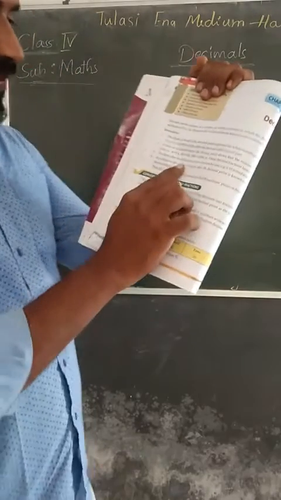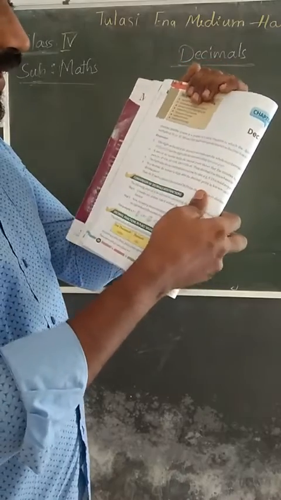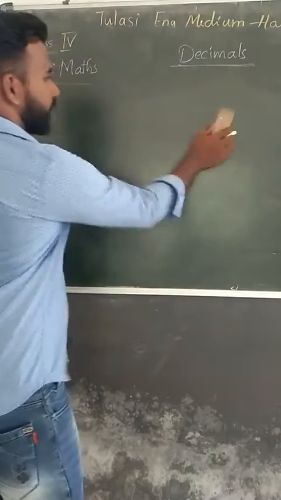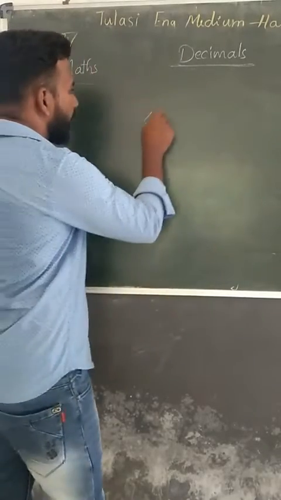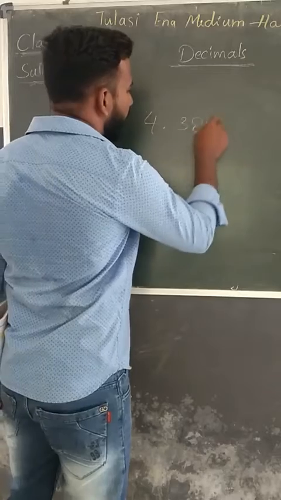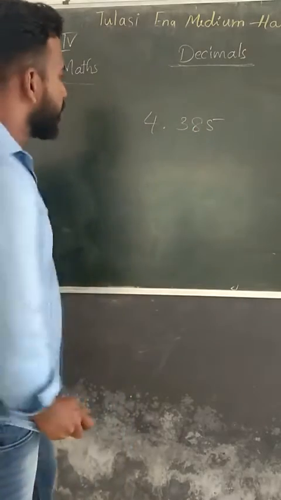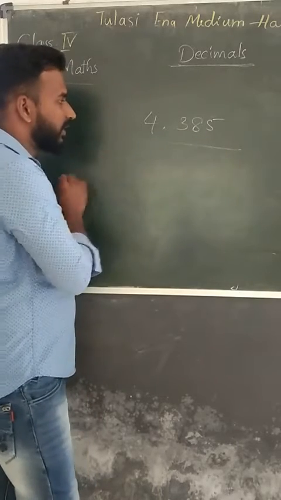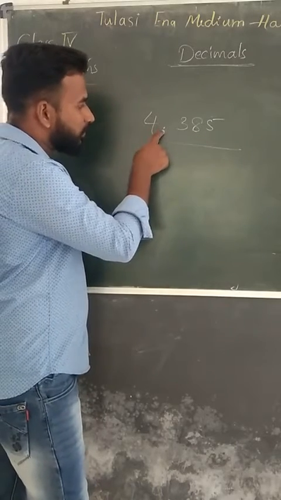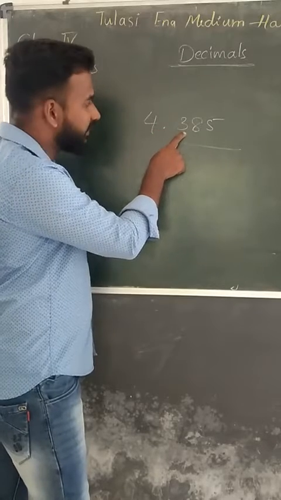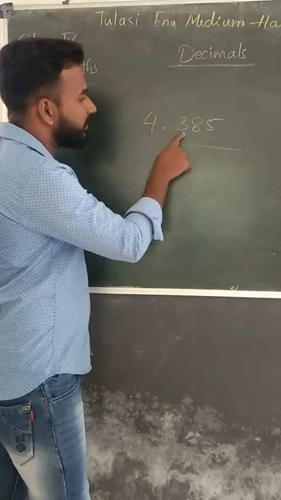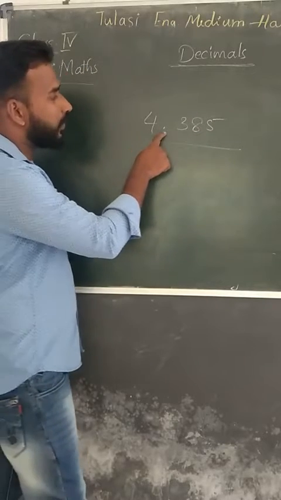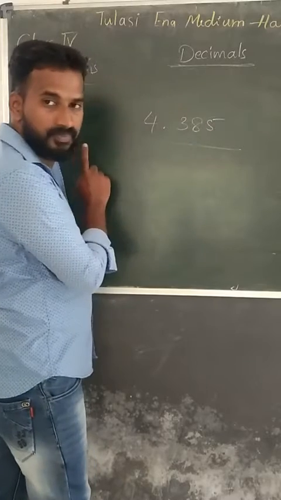Next, the digits after the decimal point are read one by one. You have to read this number as 4 point 3 8 5. We can't read this as 4 point three hundred eighty-five.